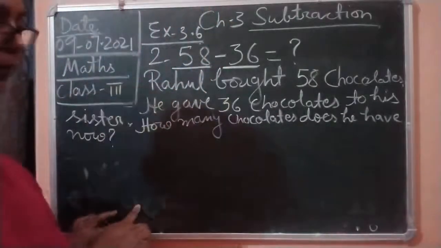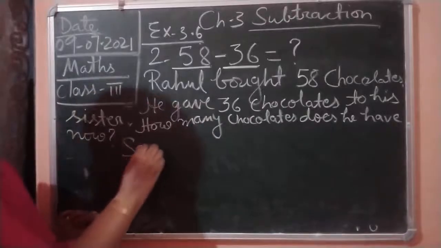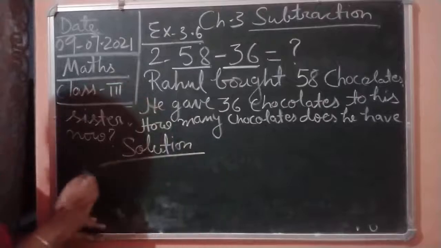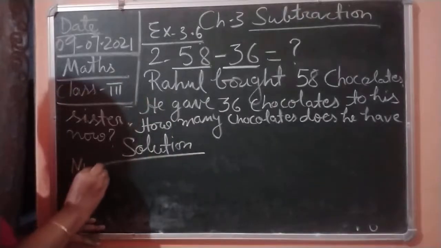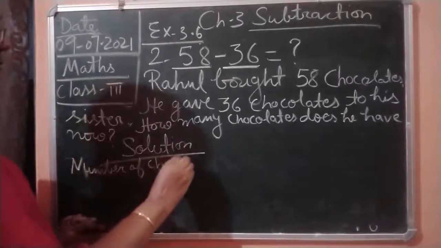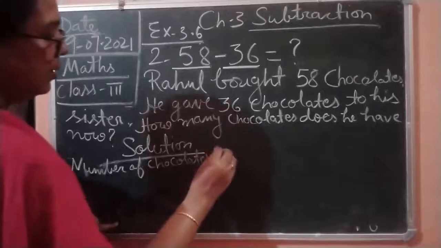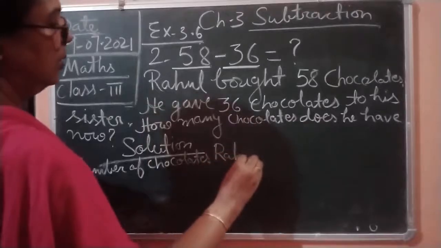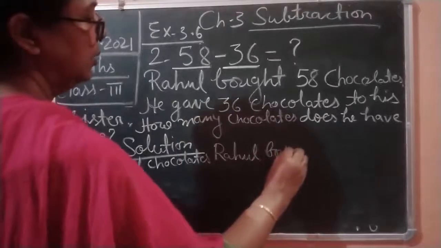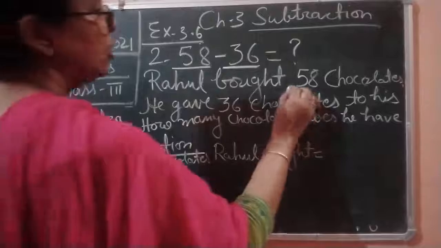Okay, now we are going to do this solution. We are going to write, number of chocolates Rahul had. Rahul bought. Okay, total number of chocolates, 58.